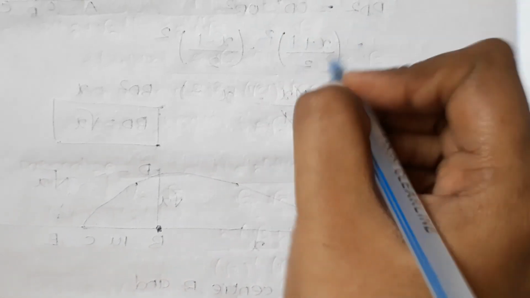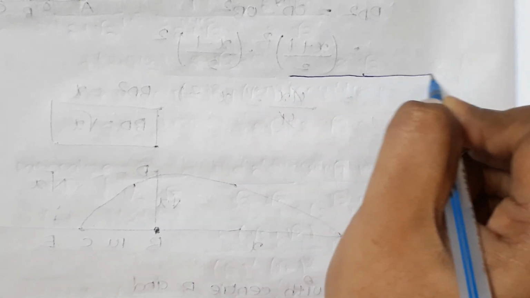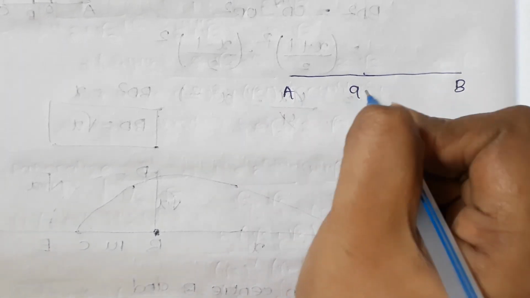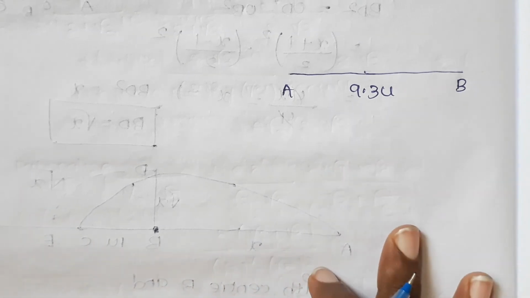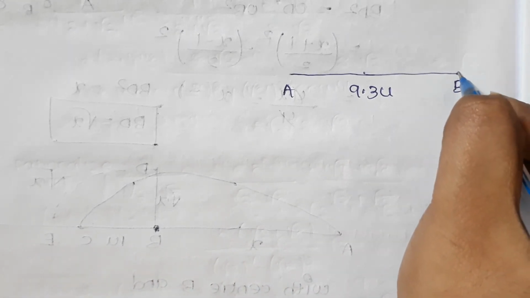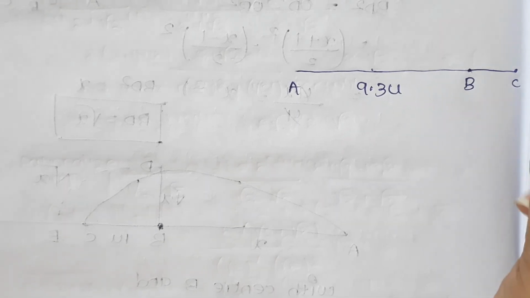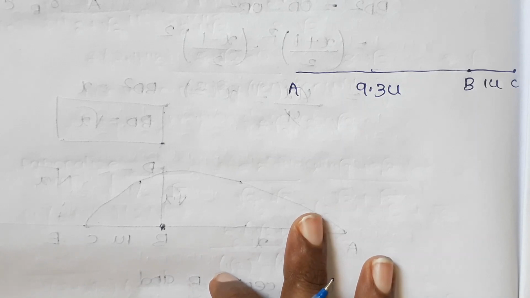Now let us see it through the figure. Draw a line segment AB of 9.3 units, and now this AB is extended, that is B is extended to C by 1 unit, and this is the second step.